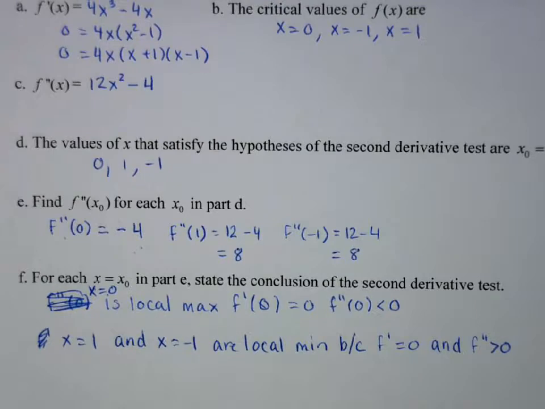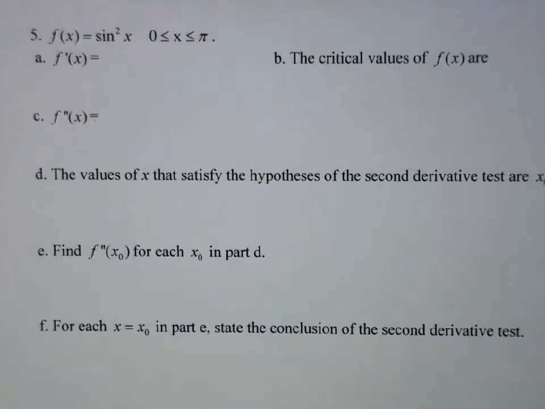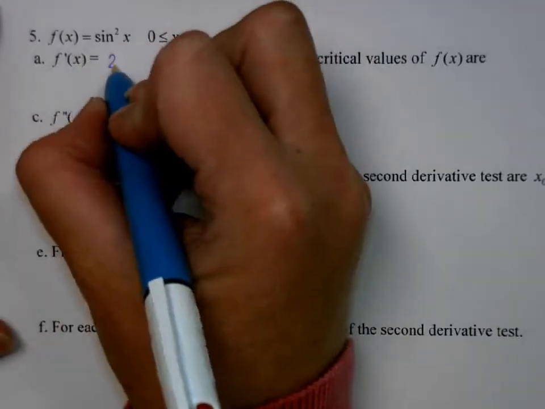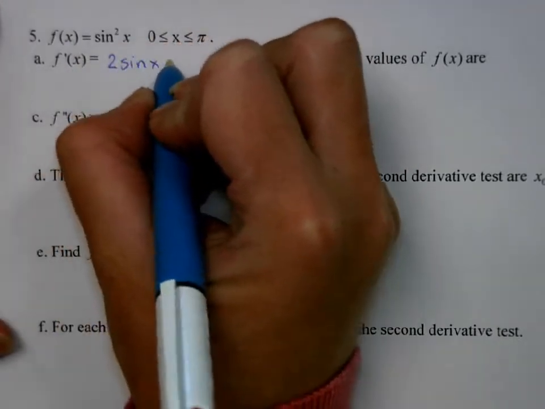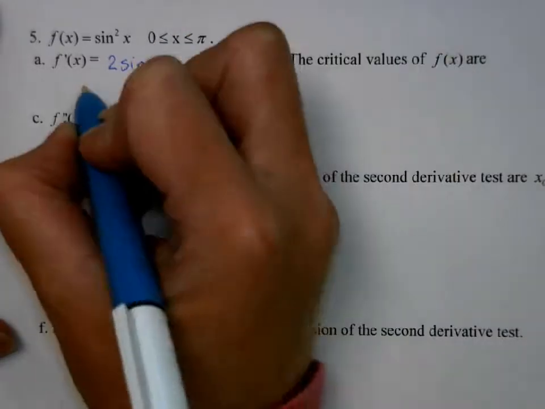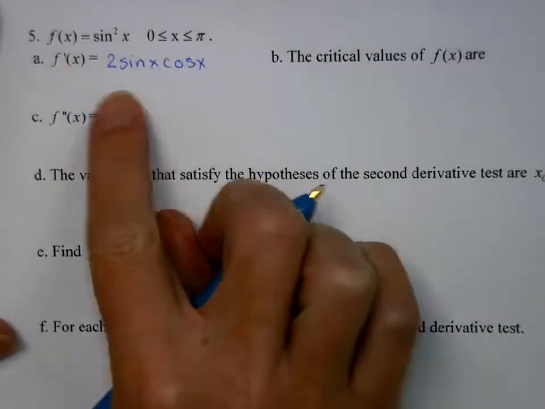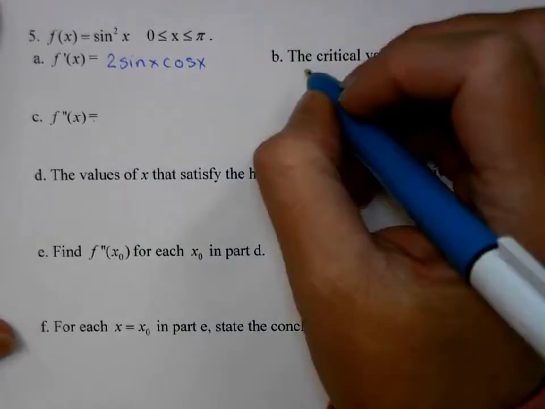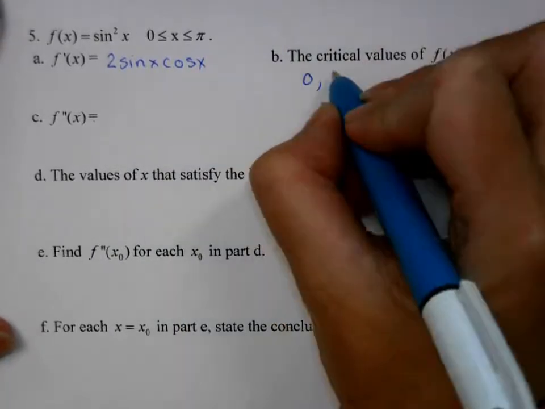We'll do one more of these. So we have sine squared x. Using the chain rule, our first derivative is going to be 2 sine x cosine x. So my critical values are going to be the things that make this 0 between 0 and pi. So sine of 0 is 0, cosine of pi over 2 is 0, and sine of pi is 0.